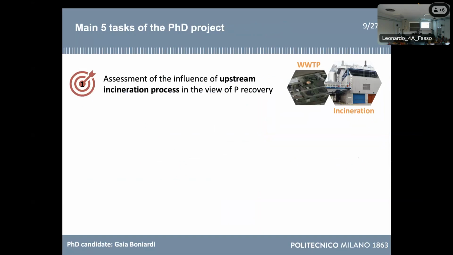So if we have a plant that uses a chemical method to remove phosphorus, we will observe a higher concentration of aluminum and iron in the sludge and in the ash, while if we have a plant that uses biological phosphorus removal, we expect to have a lower concentration of those elements. Then another important thing to assess is the influence of the incineration technology we use, and the combustion process conditions we use, because these, of course, affect the chemical and physical composition of the ash.